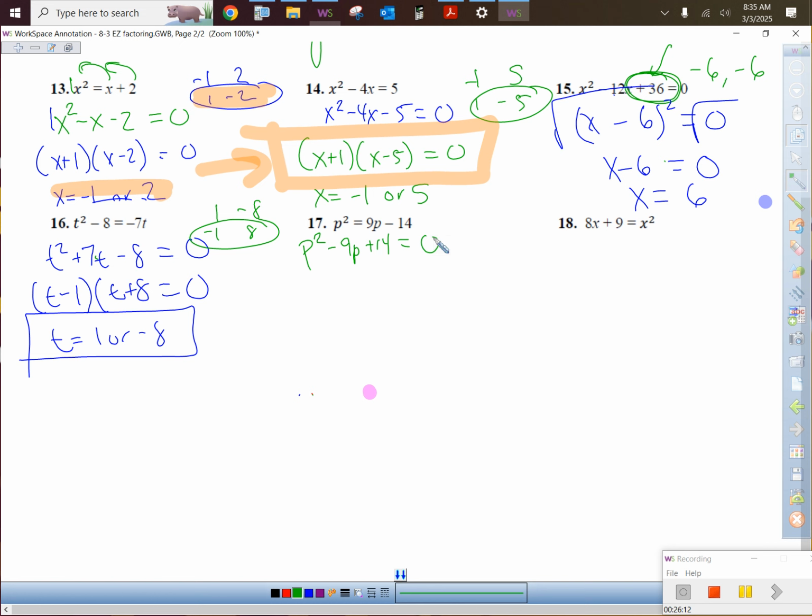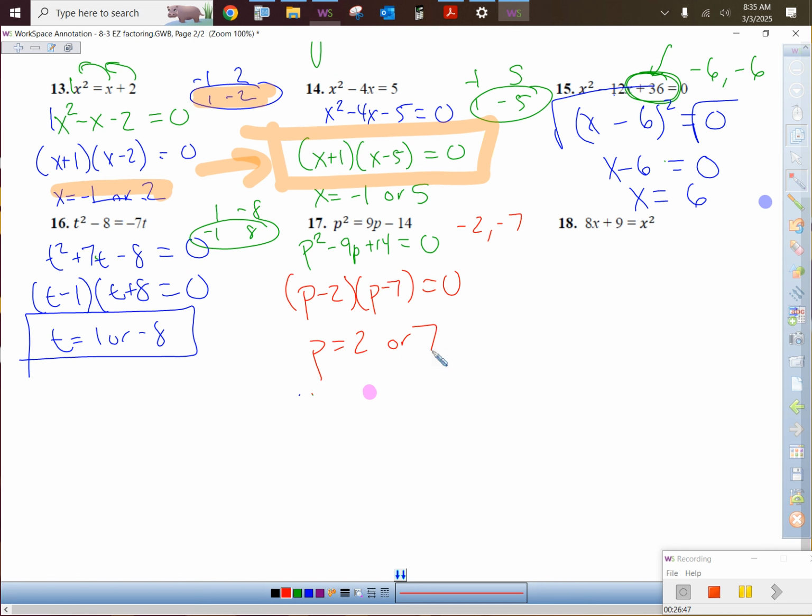P squared. And then it's a simple little game. Finding two numbers that multiply together to be a positive 14 and add together to be -9. Bada boom.